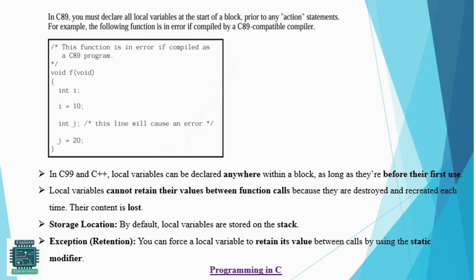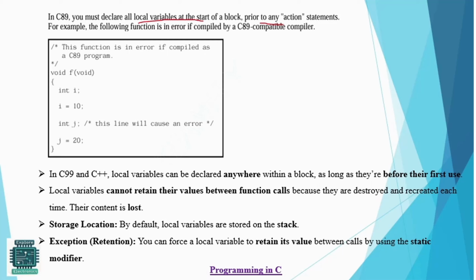In the C89 version, you must declare all local variables at the start of the block prior to any action. In the previous example, you have seen the creation of variables in between also, but in C89 we declare all local variables at the start of the block.